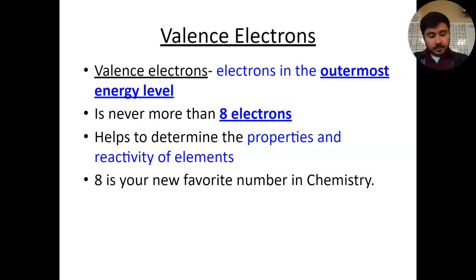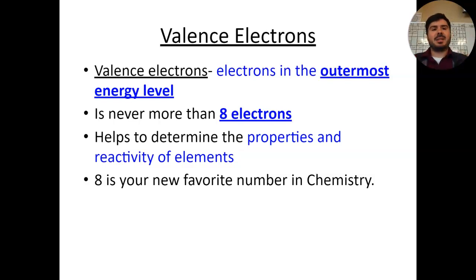So whether the first principal energy level is your outermost, your second, your third, fourth, whichever one is your outermost energy level, the one furthest from the nucleus, it is never going to have more than 8 valence electrons. There are the maximums, so 2, 8, 18, 32, but when they're valence electrons particularly, never going to be more than 8.